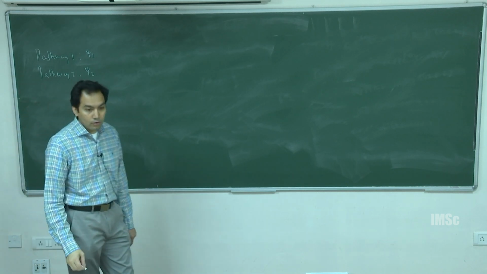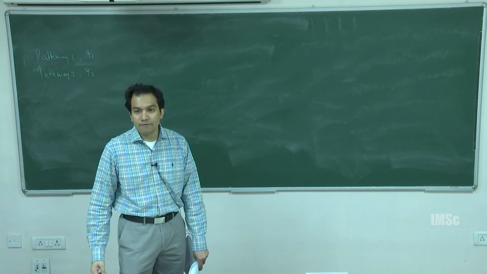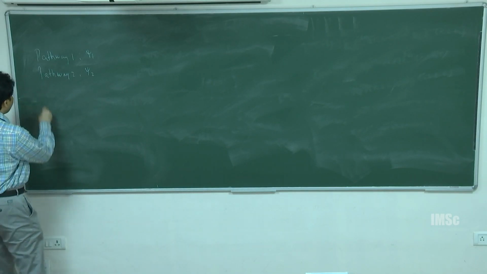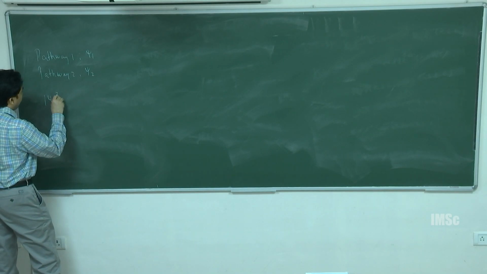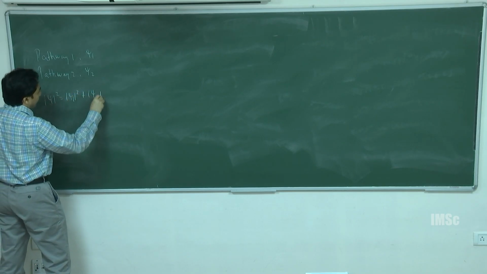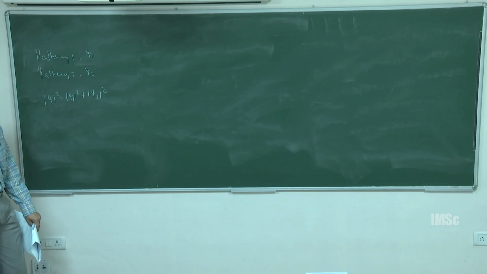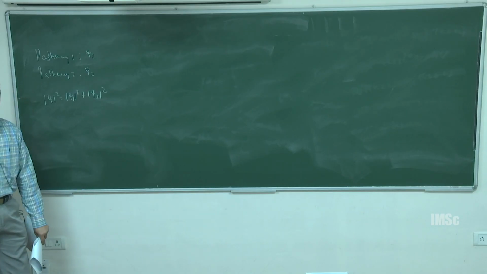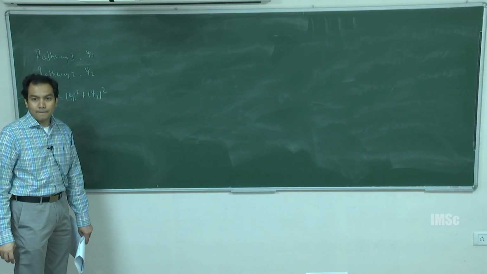If you know which path the photon has taken, then the mod psi square is basically mod psi 1 square plus mod psi 2 square, right?